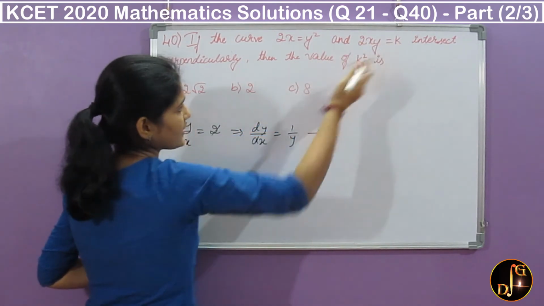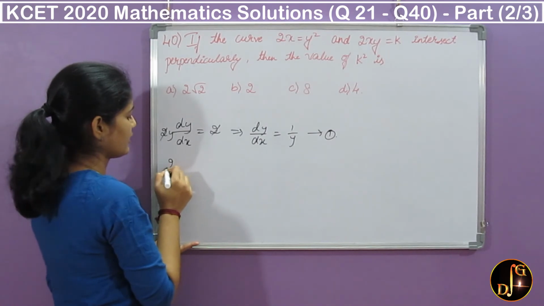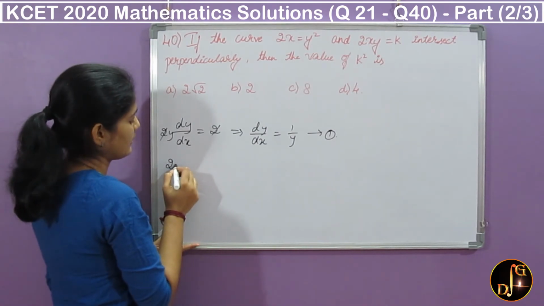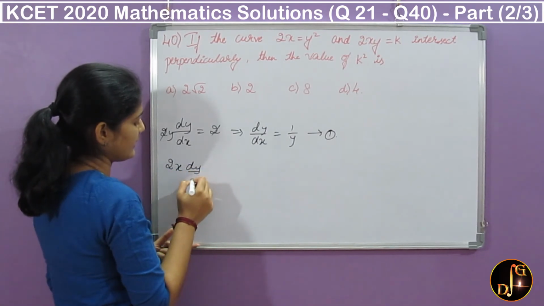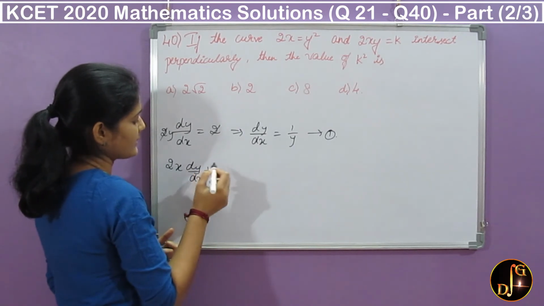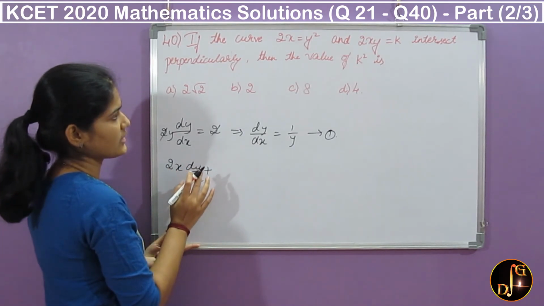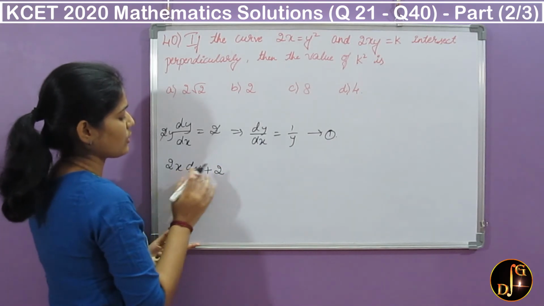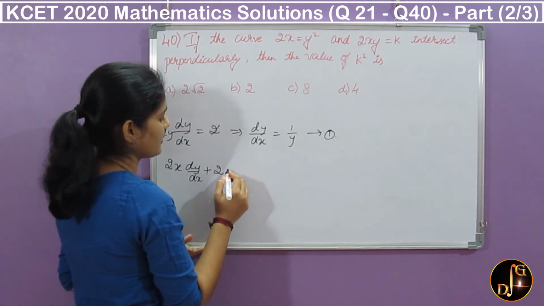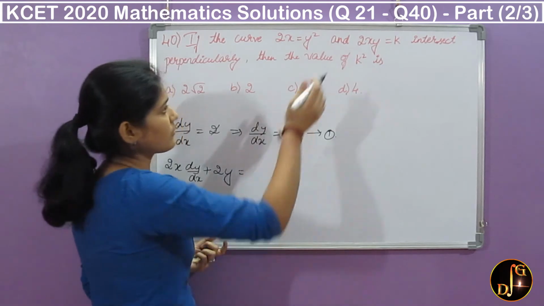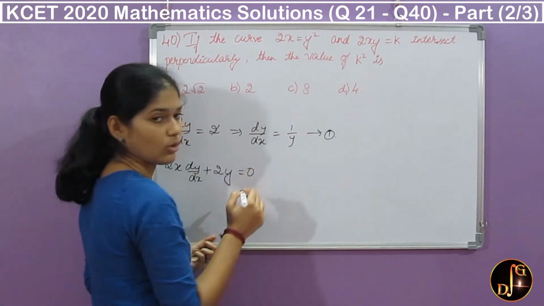If we differentiate this equation, then we will get 2x into dy by dx plus first term into differentiation of the second. Differentiation of x is 1, right? Into y. This is equal to differentiation of k is 0.